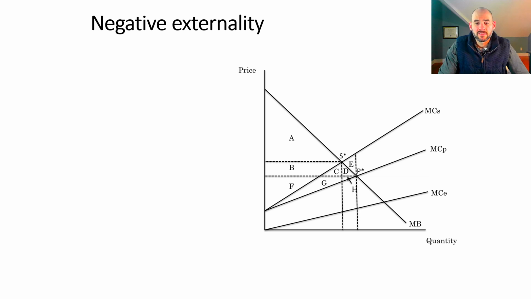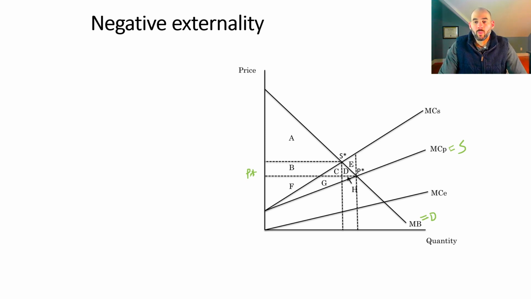So we have an initial price, P star, which is defined by the intersection of the demand curve, which remember is the marginal benefit curve, and the supply curve, which is going to be that marginal private cost. So supply decisions are made by firms with respect to the marginal cost it takes for them to produce an extra unit of the good or service.